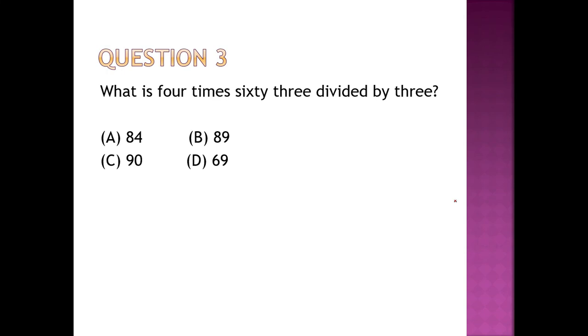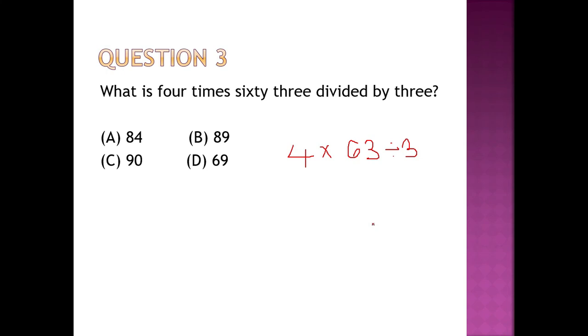Question 3. What is 4 times 63 divided by 3? Okay, so this is a fairly simple mathematical question. So we'll work it out. Let's write it out in numbers. 4 times 63 divided by 3.